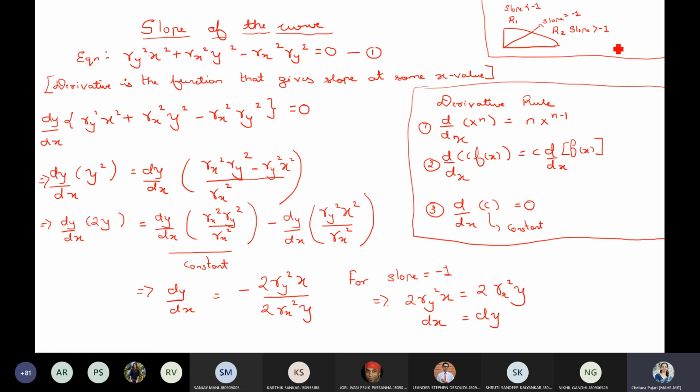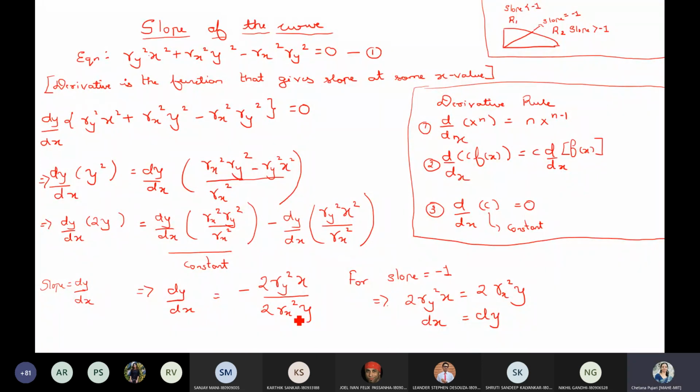We know that the slope of minus 1 lies in between region 1 and region 2. What is the condition for the slope to be equal to minus 1? Our slope is equal to dy by dx, and we want to find the condition when the slope is equal to minus 1.